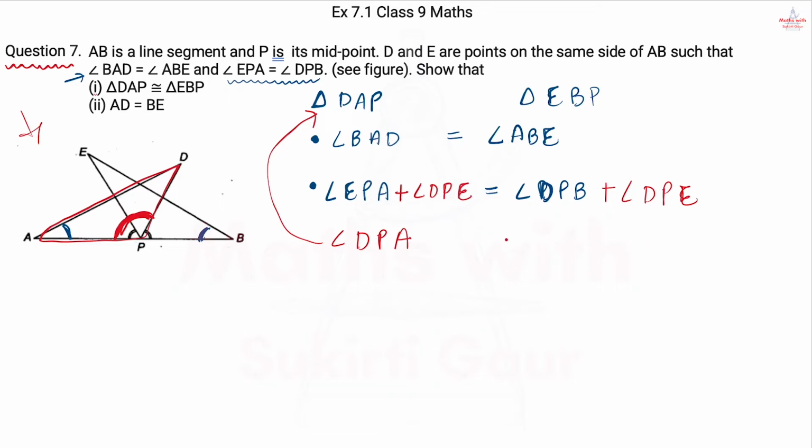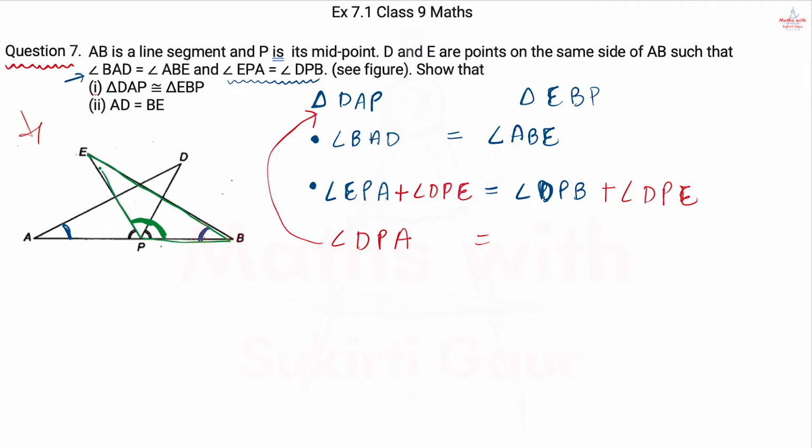So we have got on the left side angle DPA, and on the other side, RHS, we will be getting angle DPB plus DPE. Angle DPB is this one plus angle DPE is this one. So the whole angle which is forming is from triangle EBP.